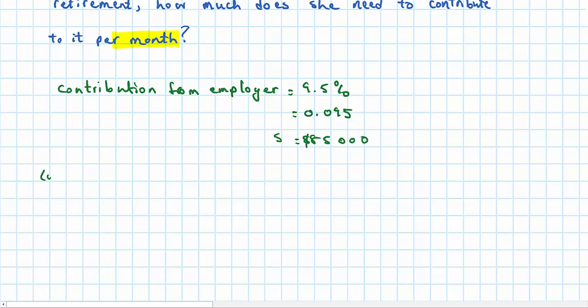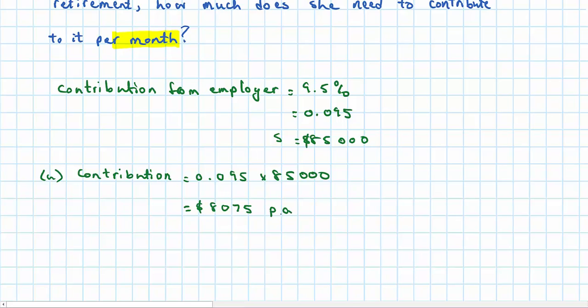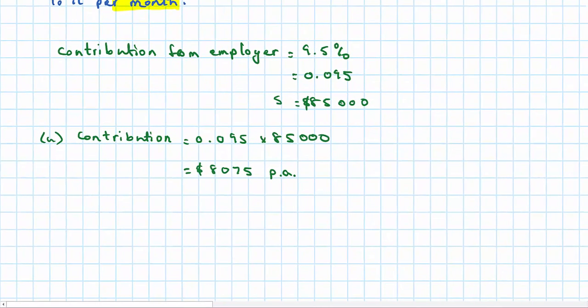Now in part A, they want the contribution in dollar terms. So that would be 0.095 of 85,000, which is $8,075. Now that's per annum, but wages are paid monthly, so we need to convert this to monthly.